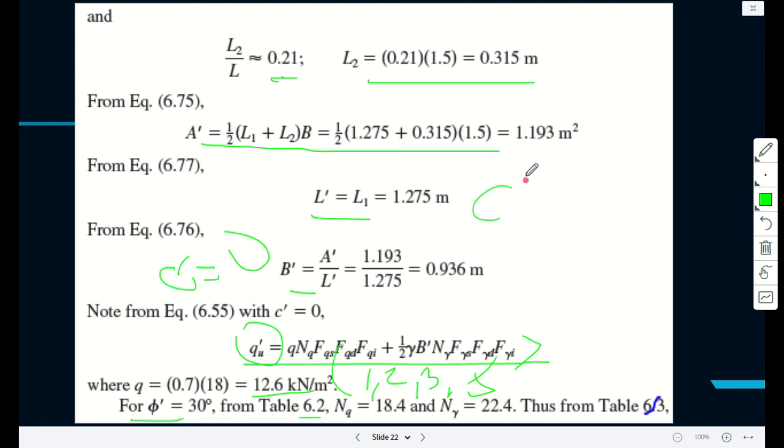In any case, when C is 0, the values you can see. Maybe I show you when phi is 30, just to see how you get these values. You can see table 1, 2, 3. When phi is 30, you get NQ and gamma as those values. Or you try to substitute there. There are some formulas I gave you. It should give you around the same value.